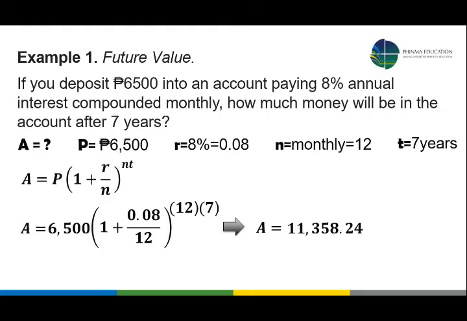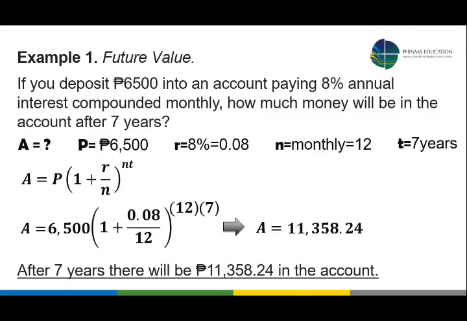It is advisable to use a scientific calculator. And again, I advise you to calculate it at once. After 7 years, there will be 11,358 pesos and 24 centavos in the account.